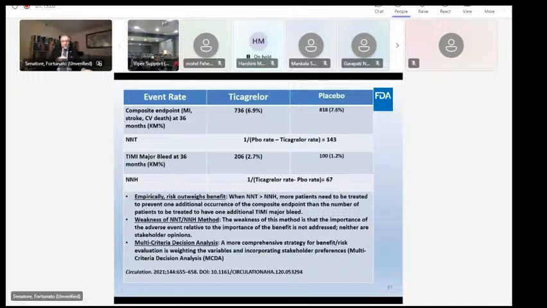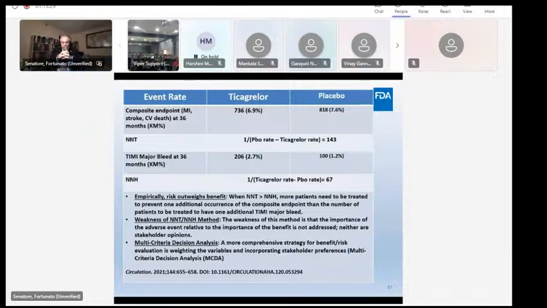That was statistically significant. So if you divide 1 by the difference between the placebo rate and the ticagrelor rate, you get 143. That is to say, you need to treat 143 patients to get one benefit. That is a reduction in one of those components of the composite endpoint.